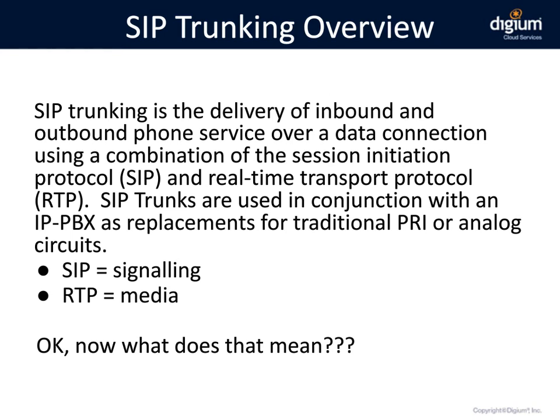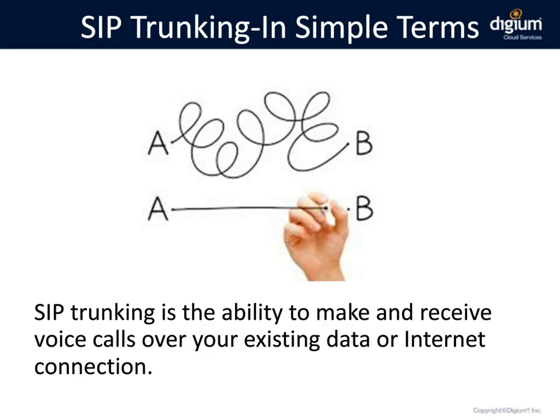All right, so now what does that mean? What is the real definition in simple terms? SIP trunking is the ability to make and receive voice calls over your existing data or internet connection. So pretty simple. What used to happen for voice connectivity over PRI or analog, where you purchased dedicated circuits for your voice service and connections to your phone company, that idea is gone.